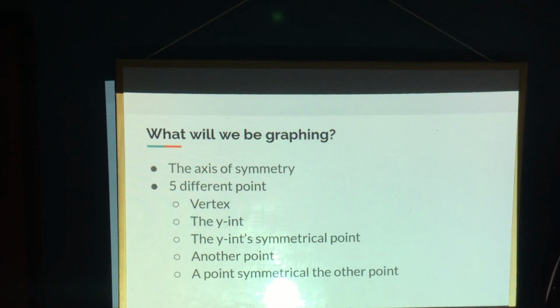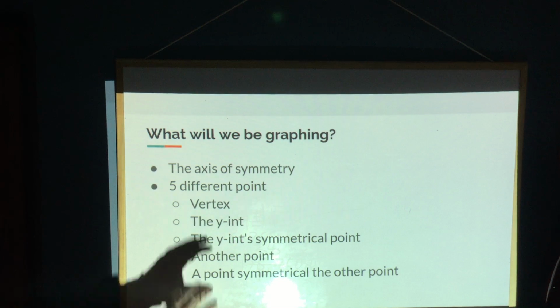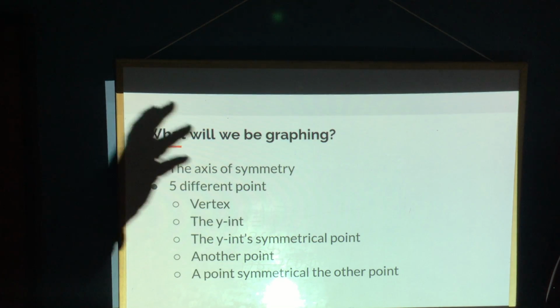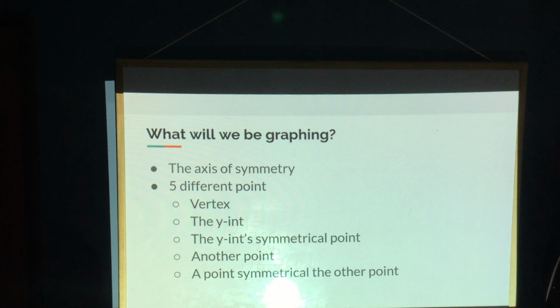Okay, when we graph one of these parabolas, we're going to find the axis of symmetry, which we learned how to do in section 9.2. And then we're going to graph 5 different points. We're going to graph the vertex, which we learned how to do in section 9.2.